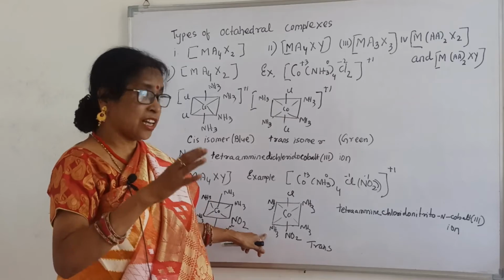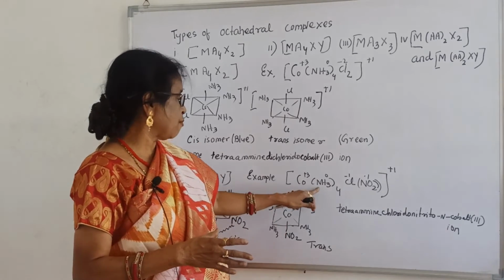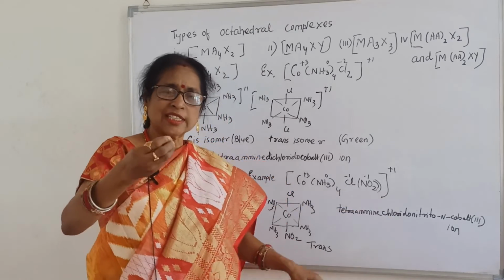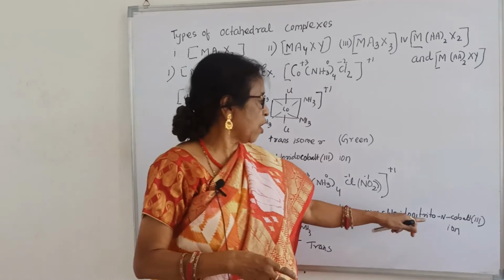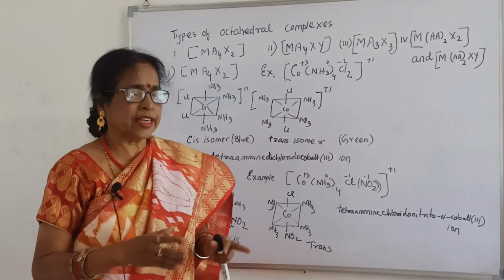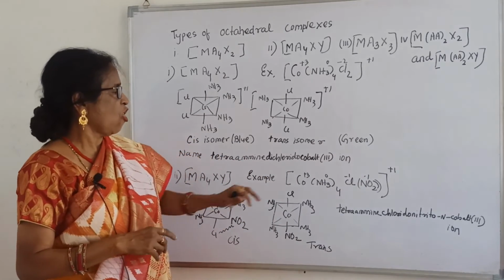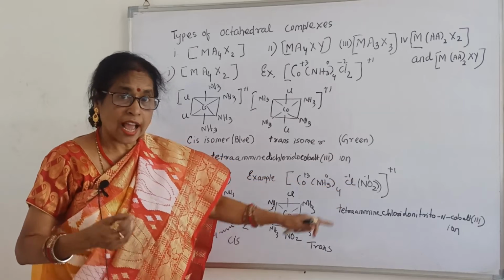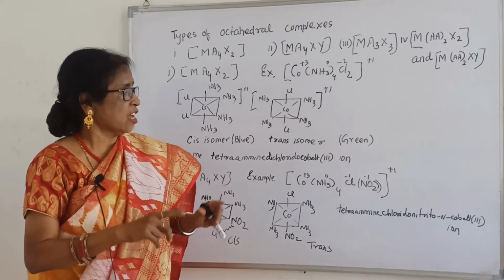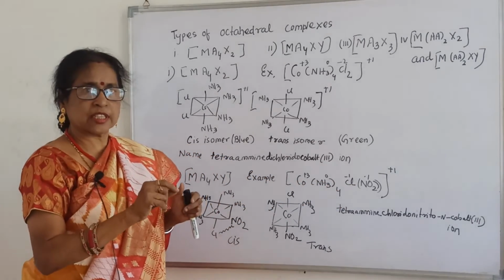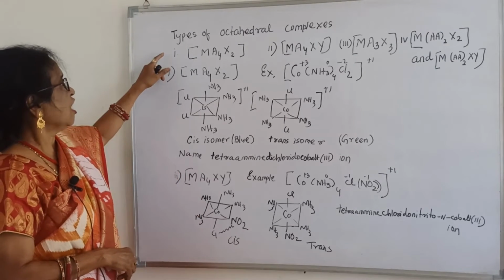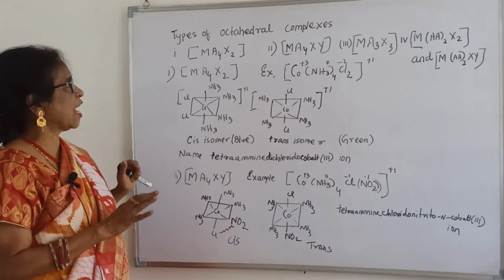So what is the name? Tetraamminechloridonitrito-N cobalt(III) ion. Again see, tetraamminechloridonitrito, N is attached, N then cobalt. Always there is a hyphen. So here again you can check types of octahedral complex, 4 types.